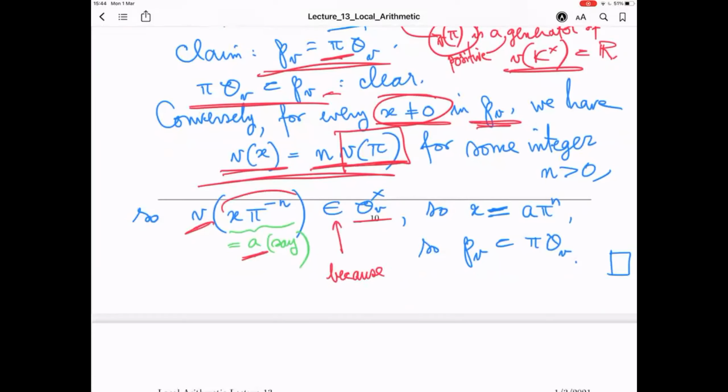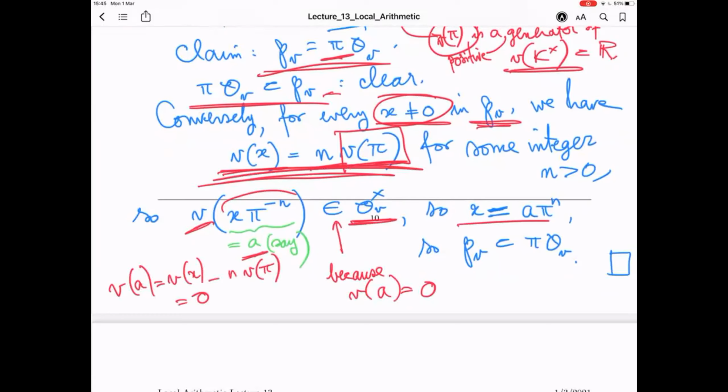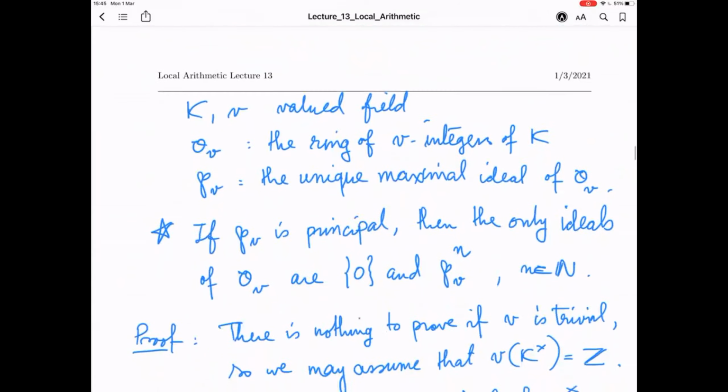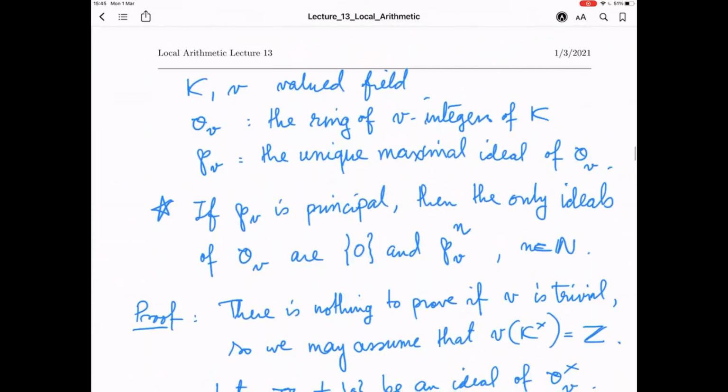V of a is equal to V of x minus n times V of pi, but V of x is equal to n times V of pi, so it's 0, right? So a is a unit, and therefore x is equal to a times pi to the n. And therefore, P_V is contained in the ideal generated by pi. This is completely elementary, so you can just verify it for yourself. So here comes another proposition.